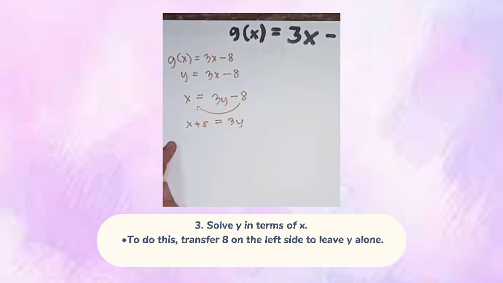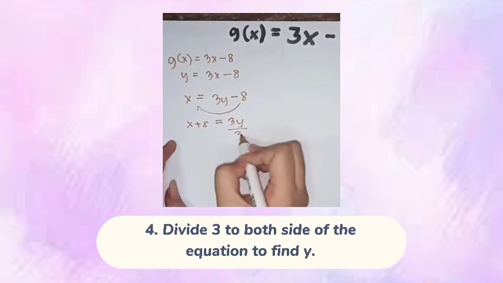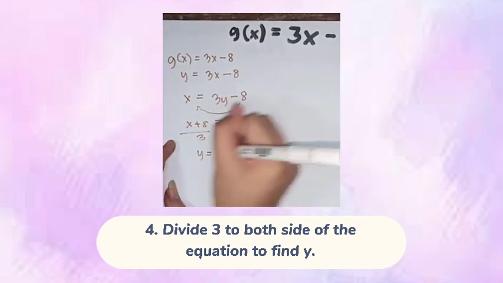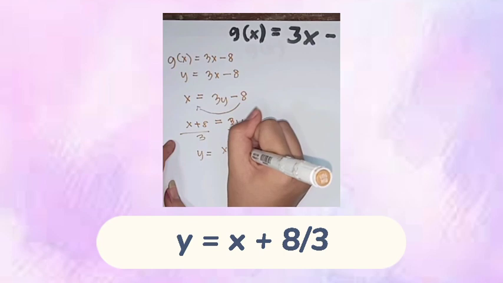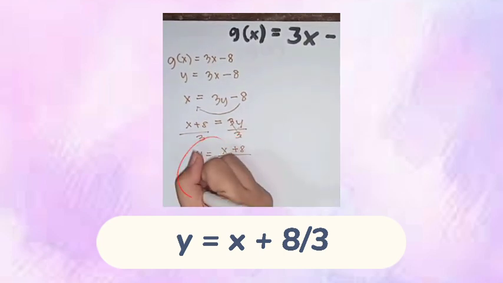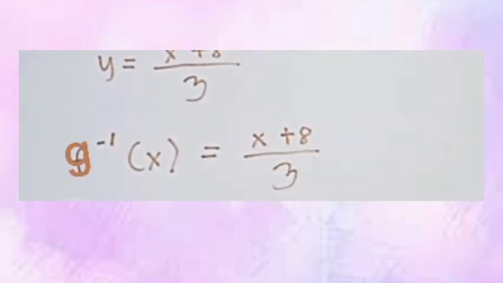To find y, let us divide by 3 on both sides of the equation. Thus, we have y is equal to x plus 8 over 3. Therefore, the inverse of g of x is equal to x plus 8 over 3.